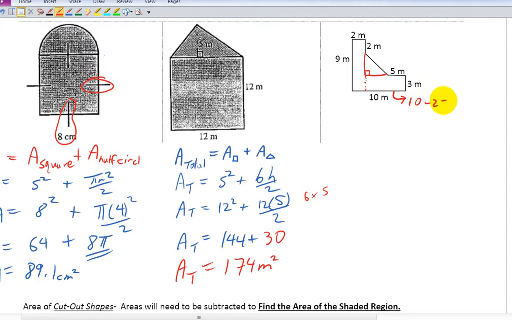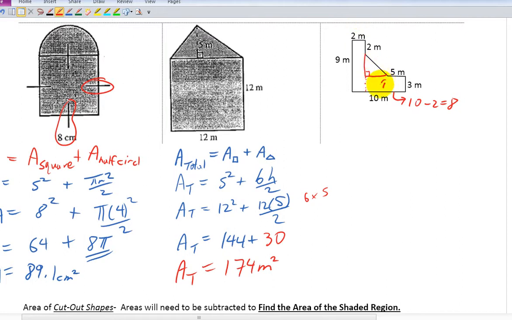Good. So you took this 2 meters right here and took it away and the leftover piece was 8. Perfect. What about this? So we'll call this rectangle 1. What about rectangle 2? What's the area of that one? What's the measurements rather, sorry? What's the measurements?